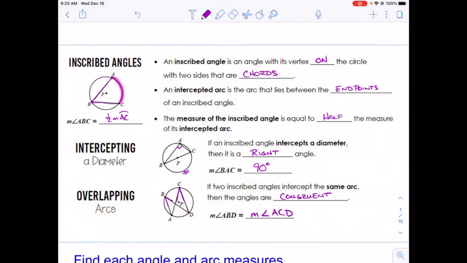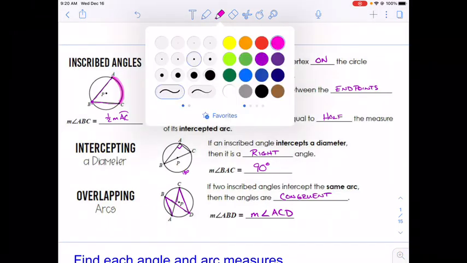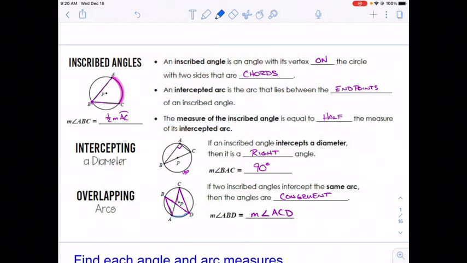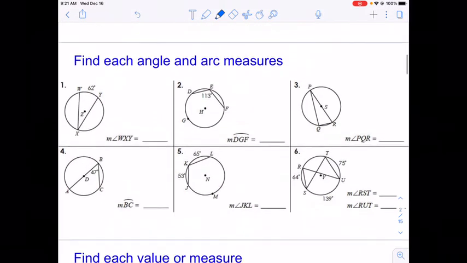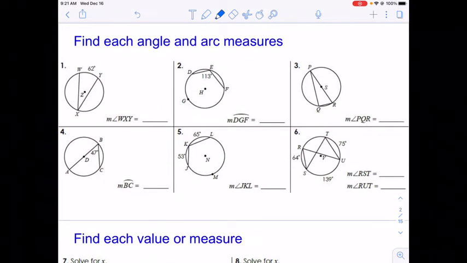Notice if you follow these up, this side goes to D and this side goes up to A. So this arc right here is one they both are intercepting, which means they're both going to be half of that arc, so they're the same thing.